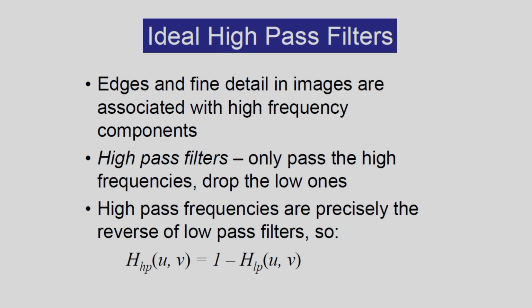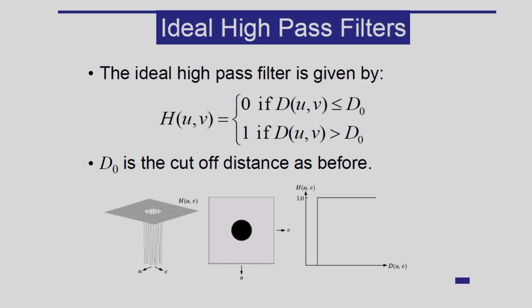So for finding the fine details of the image like edges and the boundary, I can consider the ideal high pass filter. So high pass filter is nothing but 1 minus low pass filter. So by using the high pass filter we can see the fine details of the image like the edges and the boundary. So like the ideal low pass filter, again I am considering the ideal high pass filter, and in this case this is the condition for the filter transfer function.